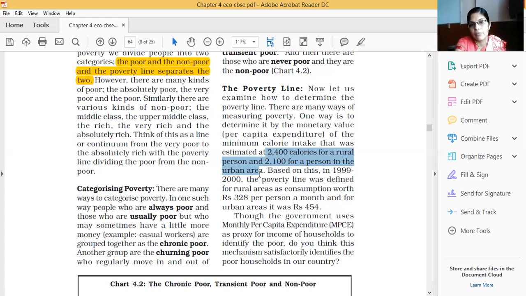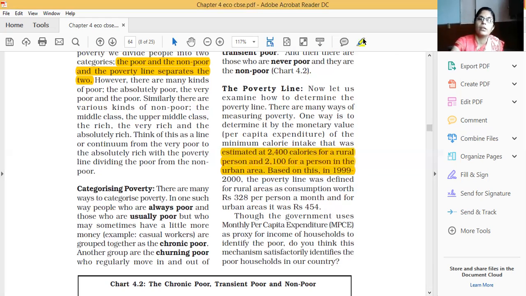If a person in a rural or urban area gets less than this calorie, these people are poor. This is the poverty line decided by the Indian Medical Council research in the year 1999-2000. They estimated it according to the calculation.